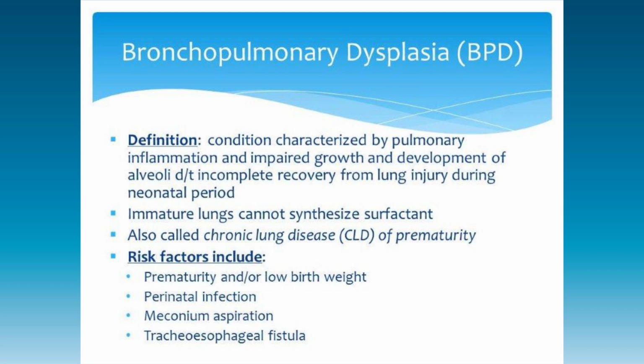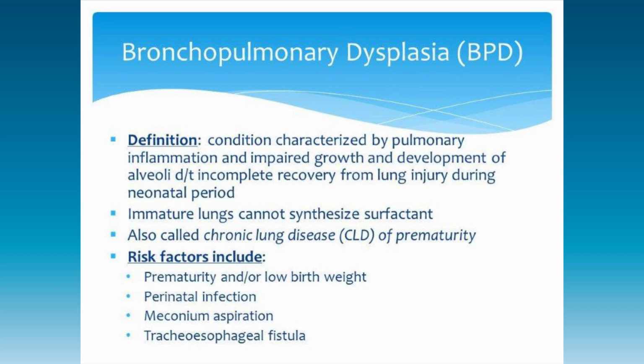Risk factors as far as a cause for BPD: prematurity, a perinatal infection, and something called meconium aspiration. Meconium is the very first stool of the infant, and if there's any type of fetal stress before birth, it can cause the infant to release that stool into the amniotic fluid, and then they can breathe it in before they're born.